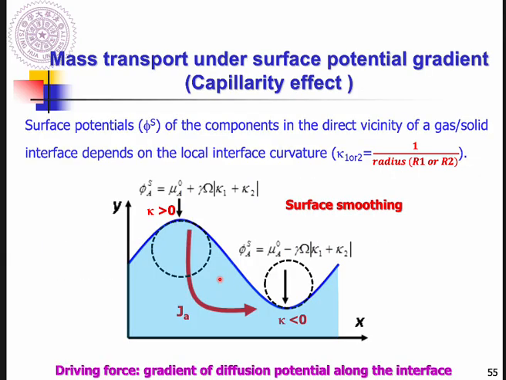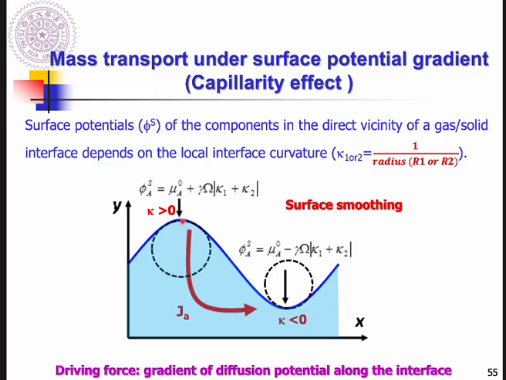So I'm going to give you an example here. Because the atoms have different surface potentials, or a surface potential gradient, that induces atomic transport, and so we call it the capillarity effect. Instead of a flat surface, now we have a curved surface, shown in blue. What does the surface potential mean?